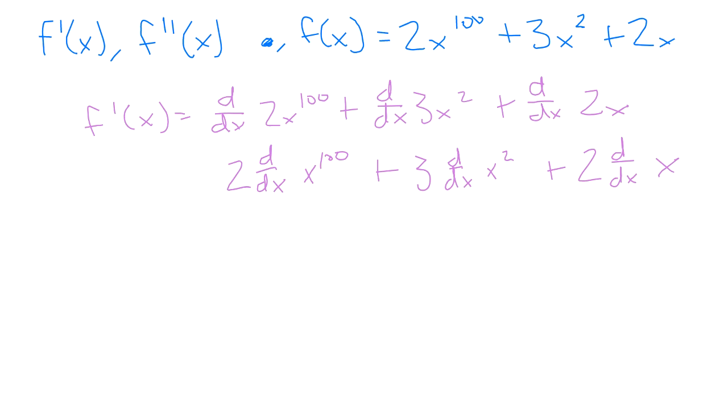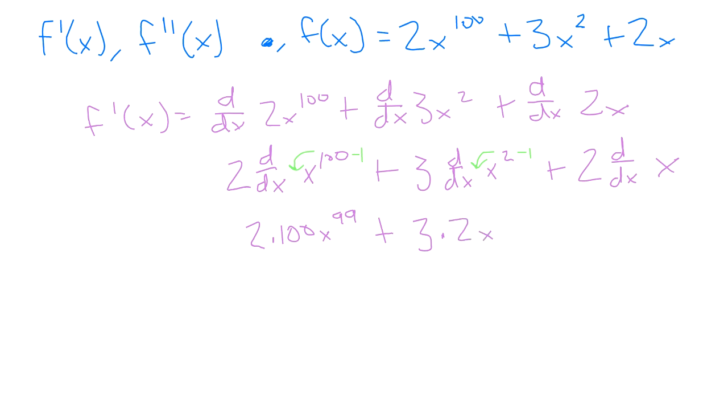Now let's move forward with our rules. We pull out this 100 in front, subtract 1, which gets us 2 times 100 x to the 99, plus, we pull this 2 out in front, subtract 1, which gets us 3 times 2x, just to the first, so we can just say 2x.